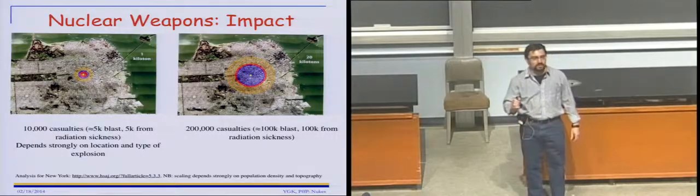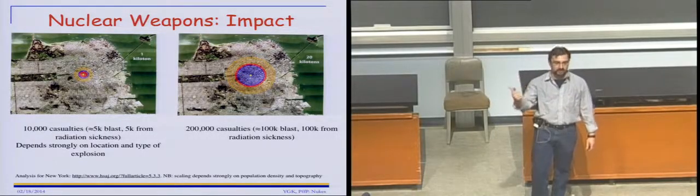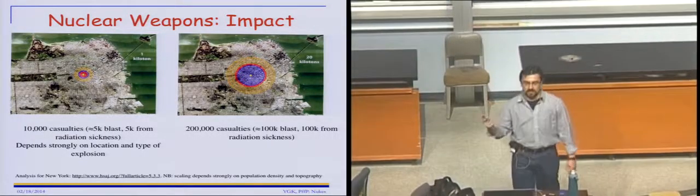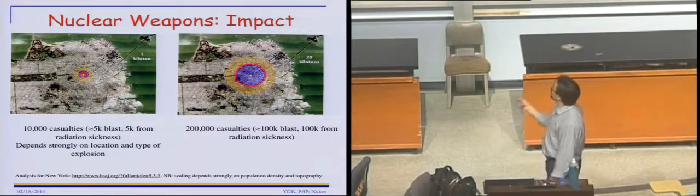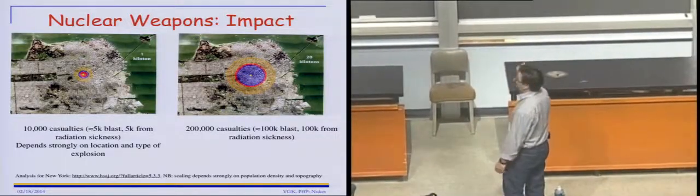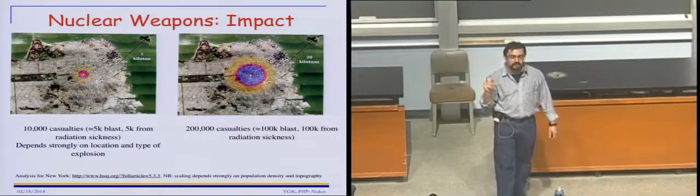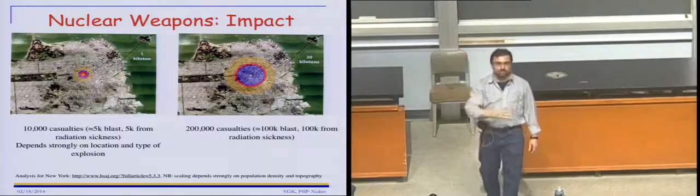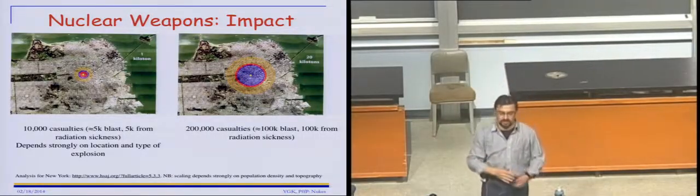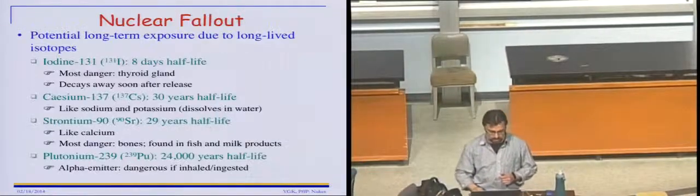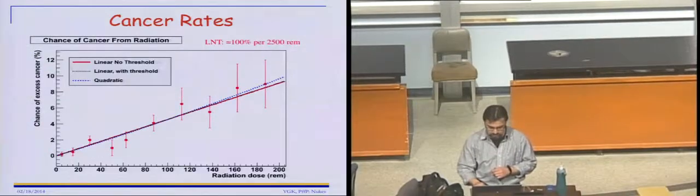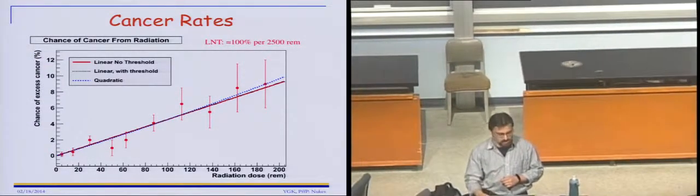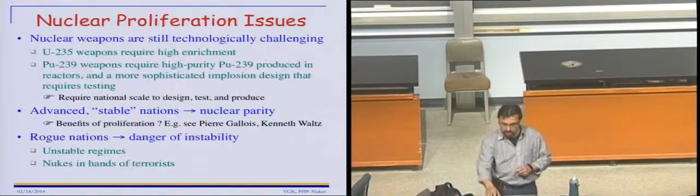The policy question becomes: what do you do to, A, prevent this, B, save the population outside of the directly affected area in case of this disaster, and C, obviously, prevent the spread of this technology to rogue nations and rogue regimes and also terrorist organizations. We'll get back to what the countries actually already do.